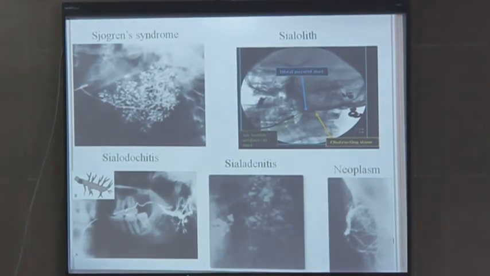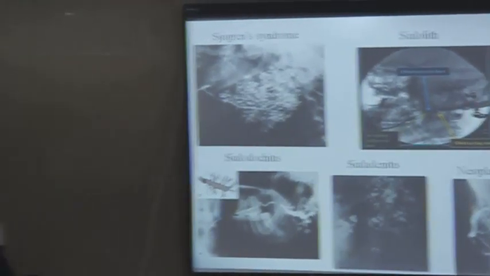Distal to the duct, it will be obstructed, correct? Proximal, it will be okay, but distal to the duct, it will be obstructed. That is one. Sialodochitis has a sausage link appearance. So these are possible MCQ questions. Sausage, you know what a sausage is, right? So sausage link appearance in case of sialodochitis. Snowstorm appearance in Sjogren syndrome.